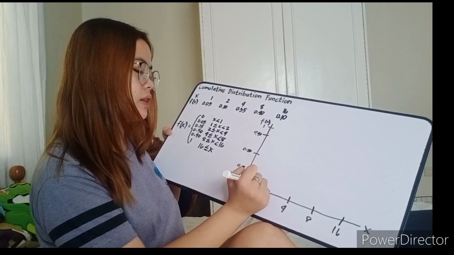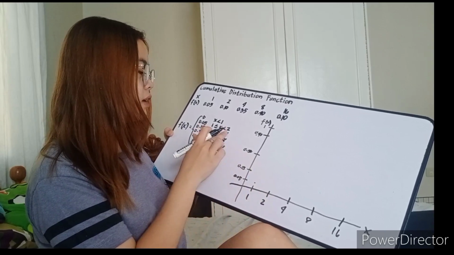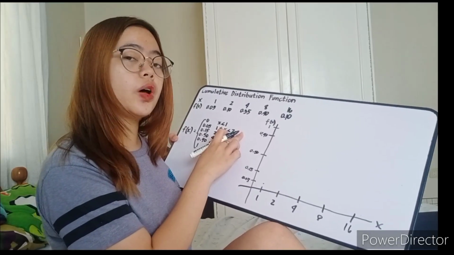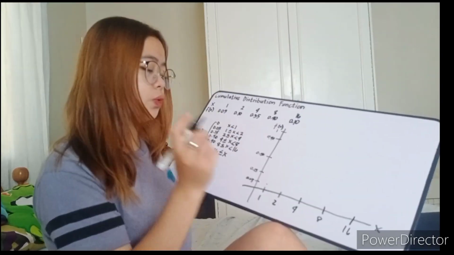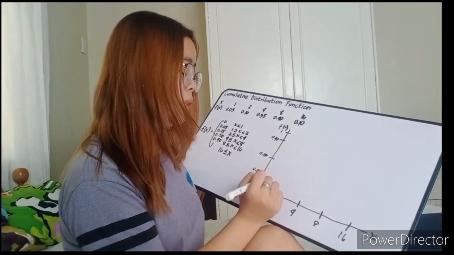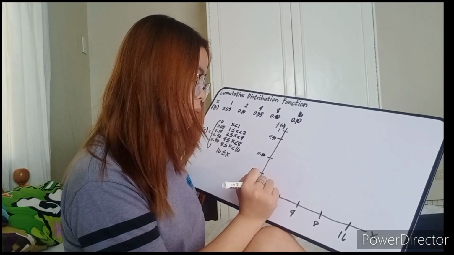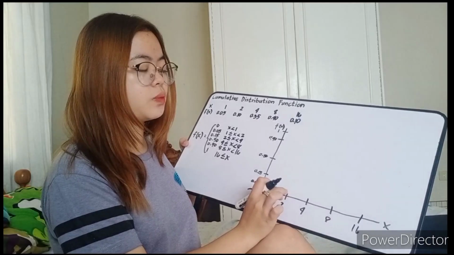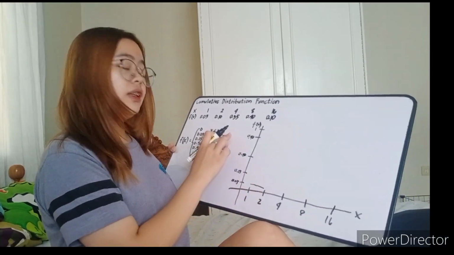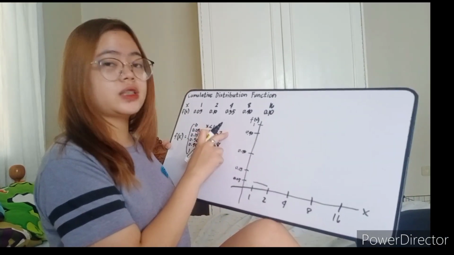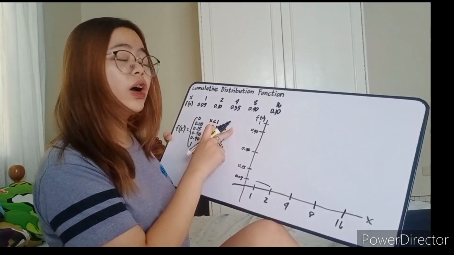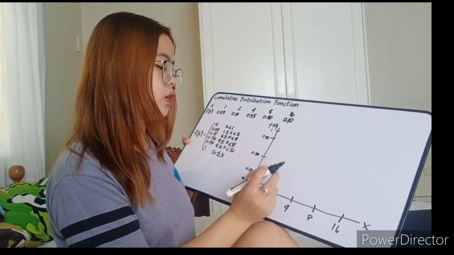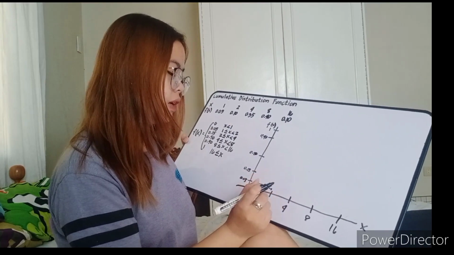So, dito tayo mag-start sa 1 hanggang, ang nakalagay dito, less than or equal to X but less than 2. Meaning nun, dito lang siya mag-i-stop bago mag-2. Hindi siya pwedeng sumakto dito kasi hindi na siya magiging compatible dito sa nakuha nating cumulative distribution function. So, hanggang dito lang siya.